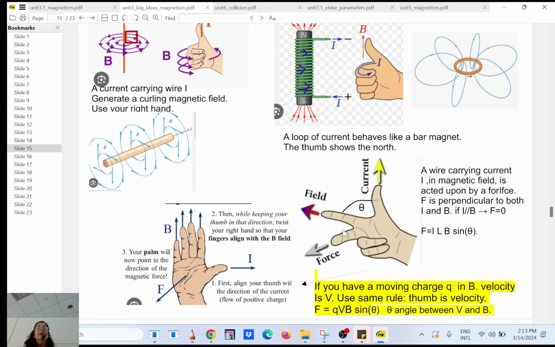Is that clear? So if you have a proton, for example, or a positive ion, like an isotope that has been stripped of 1 or 2 electrons, so it's positively charged, moving inside a magnetic field, okay, it will be acted upon by a force as well.